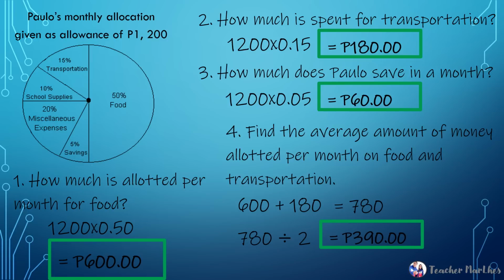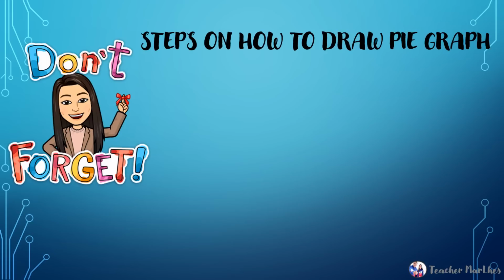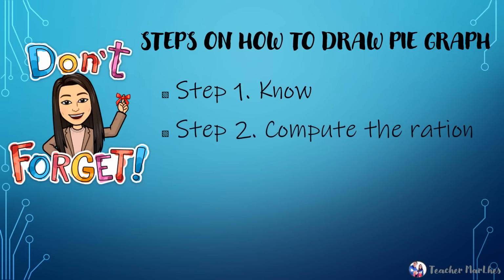Okay, so don't forget, these are the steps on how to draw a pie graph. So step 1, know. Know the parts, know the data, and parts or sections of the pie graph. Step 2, compute the ratio. So ito yung kino-compute yung percentage.